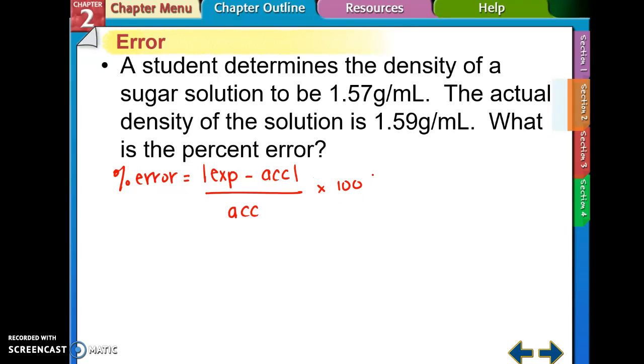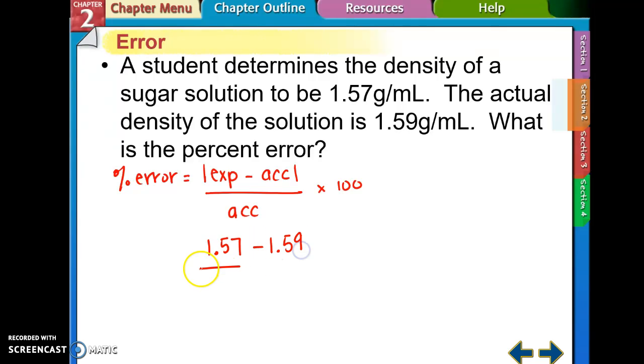When I look at the question, it tells me the student determined the density to be 1.57. Is that going to be the experimental or the accepted? Hopefully you said experimental. So experimental is going to be 1.57. And the actual density of the solution is 1.59, so that's going to be my accepted value.